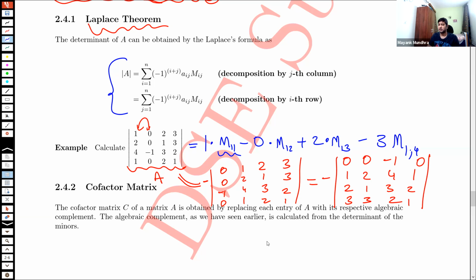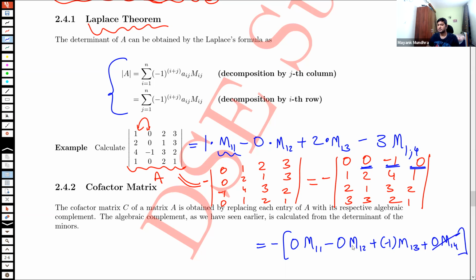Now, what is the determinant of this thing? So this becomes negative of 0 times M11 minus 0 times M12 plus minus 1 times M13 and finally plus 0 times M14.